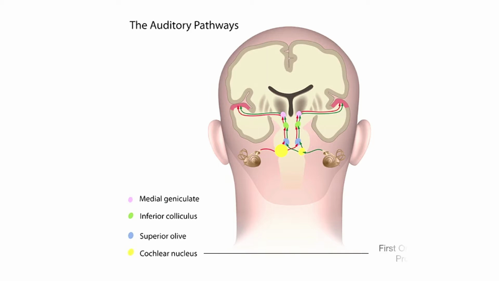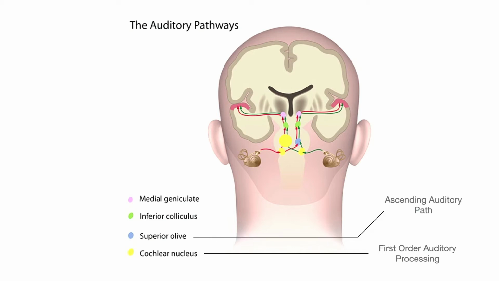And so we have first order processing coming from the cochlear nucleus at the same level of our ears. The signal then moves up to the superior olive, which is essentially the ascending path of the auditory signal, moving over to the inferior colliculus, which is a switchboard.